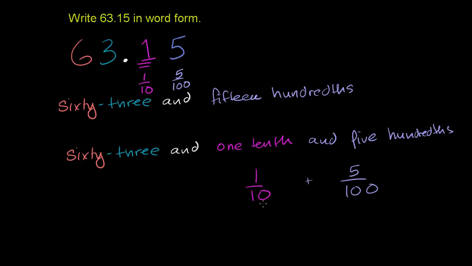Well, you need a common denominator. 100 is divisible by both 10 and 100. So multiply both the numerator and denominator of this by 10. You get 10 on the top and 100 on the bottom. 1/10 is the same thing as 10/100. 10/100ths plus 5/100ths is equal to 15/100. So this piece right here is equal to 15/100. And that's why we say 63 and 15/100ths.